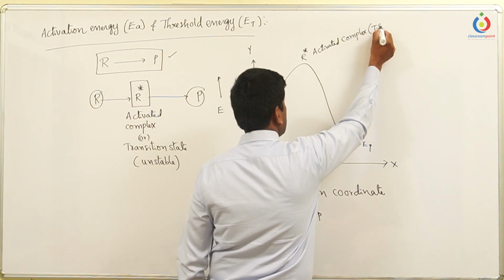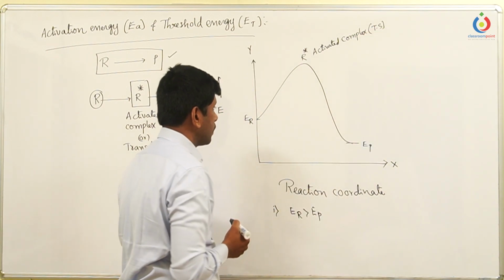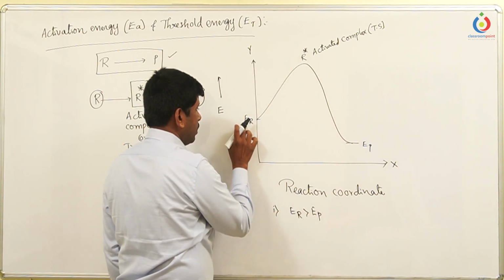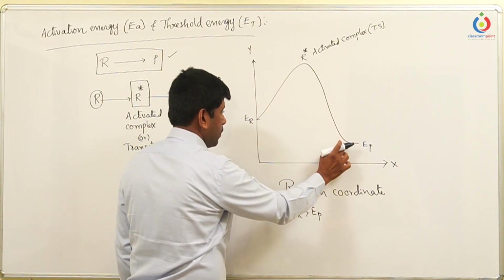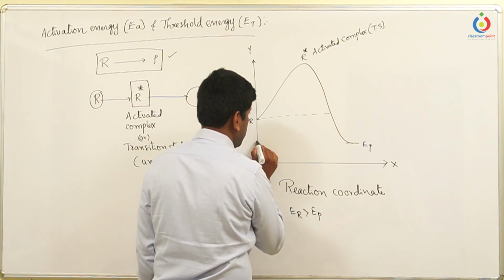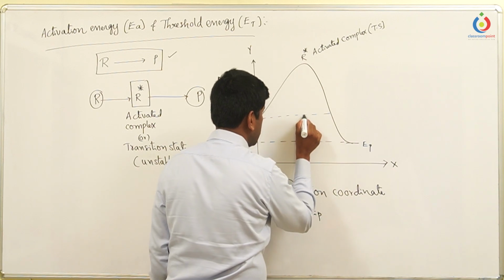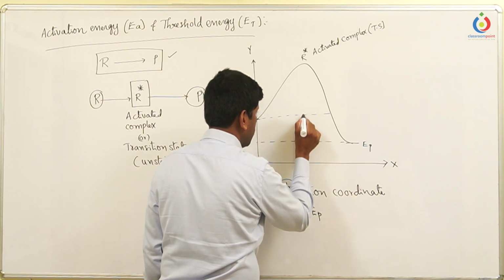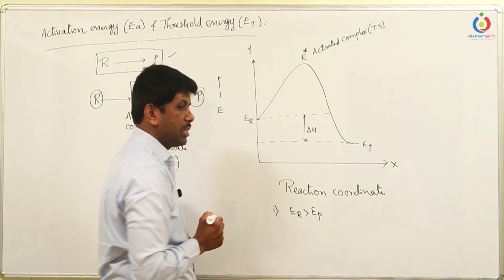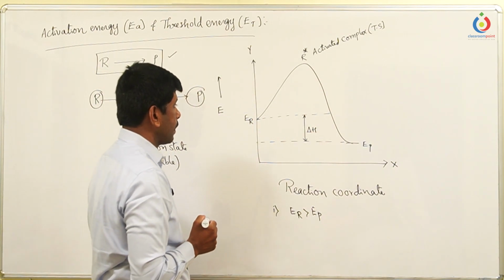It is also known as the transition state. Now if you observe these energy profiles, the energy of the reactants is here, the energy of the products is here, and the energy difference between the reactants and products in a particular chemical reaction is called the enthalpy of that reaction, or the energy of the reaction.